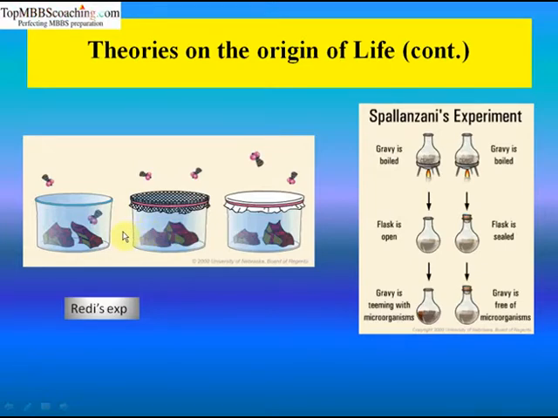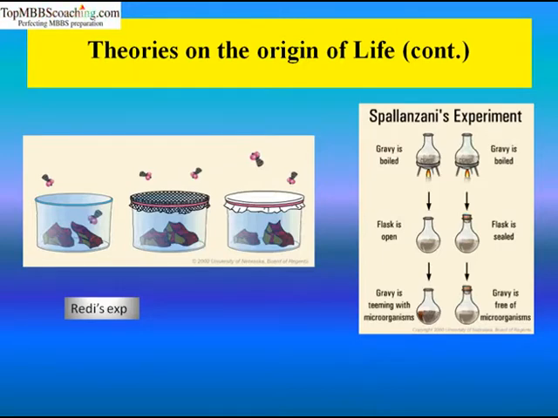Days later, the open jar contained maggots, whereas the covered jar contained no maggots. He did note that maggots were found on the exterior surface of the cloth that covered the jar. Redi successfully demonstrated that the maggots came from fly eggs and thereby helped to disprove spontaneous generation, or so he thought.